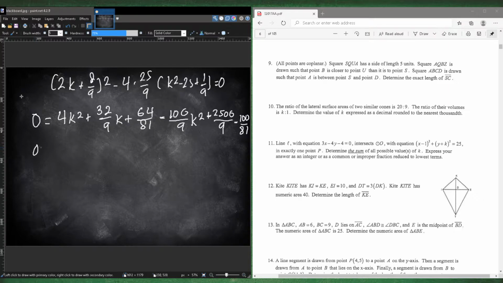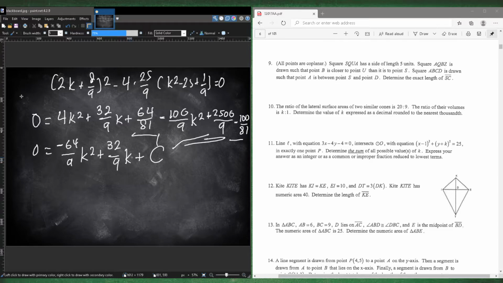Combining like terms again, 4k squared minus 100 over 9 k squared is the same thing as 36 over 9, so 36 minus 100 is negative 64 over 9 k squared, plus your linear term, which is only the 32 over 9 k. And then you have your constant term here. Whatever it adds up to doesn't really matter, because we're looking for the sum of k.